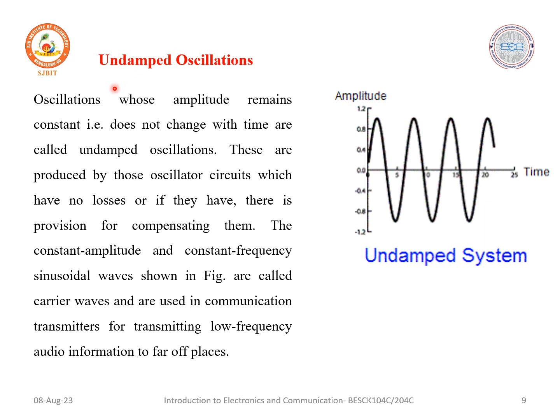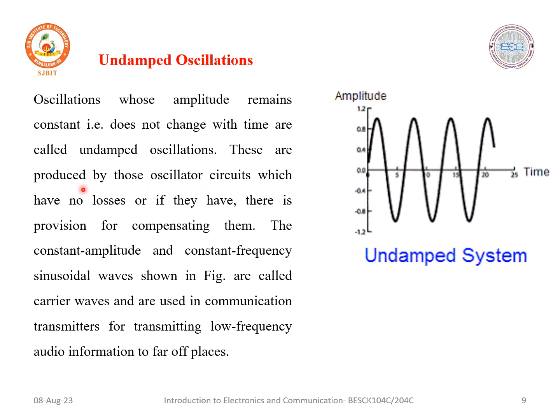Consider undamped oscillation. As we have discussed, in damped oscillation, as time goes, the amplitude of the signal is decaying or reducing. In undamped oscillation, the amplitude remains constant, that is, it does not change with time.